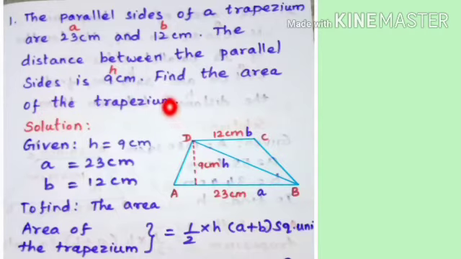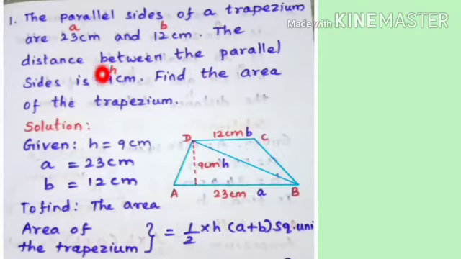So here it is clear that AB and DC are the parallel sides of the trapezium, and the parallel sides given are 23 centimeter and 12 centimeter. A is equal to 23 centimeter, B is equal to 12 centimeter.